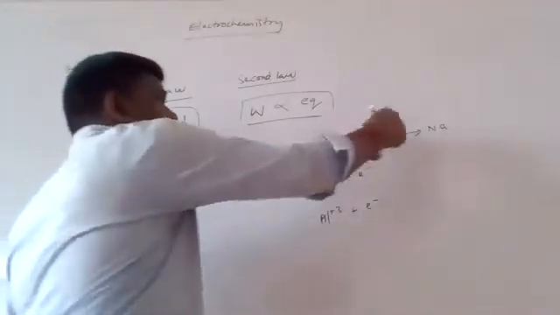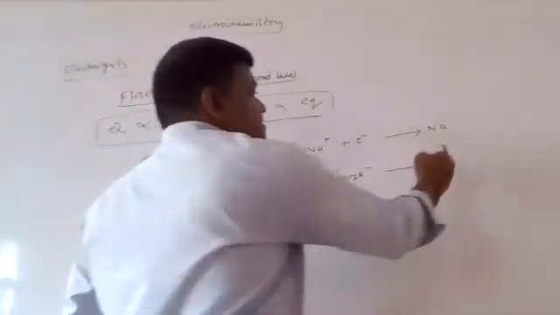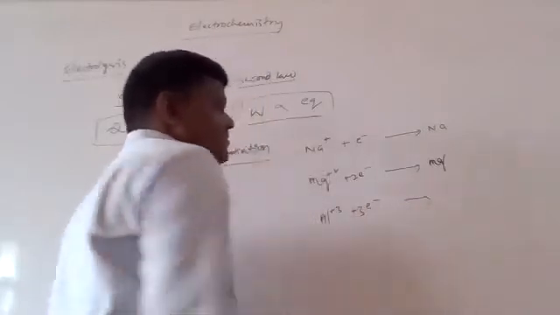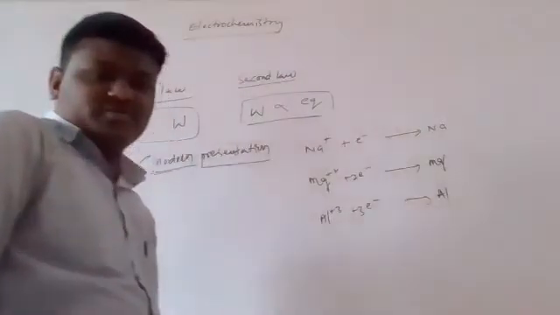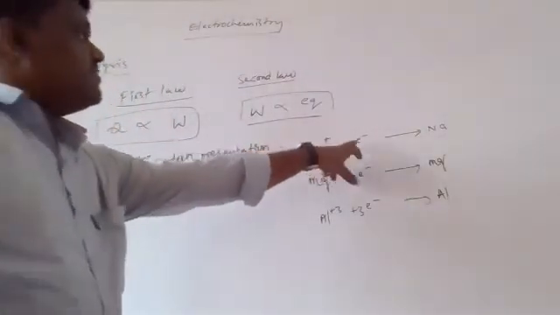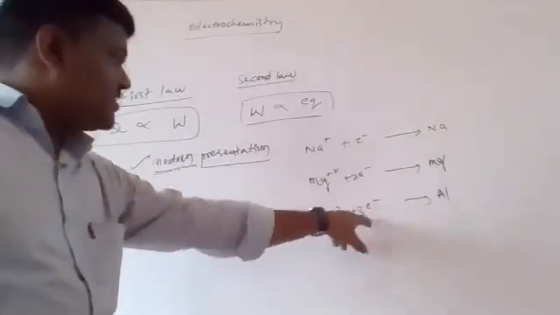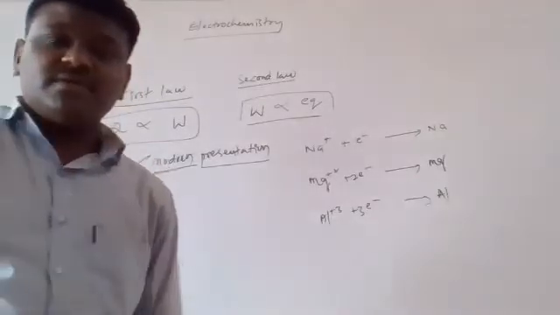For one mole of magnesium, two moles of electrons pass, and for one mole of aluminum, three moles of electrons pass and aluminum deposits on the cathode. One electron over one mole of sodium, two electrons over one mole of magnesium, three electrons over one mole of aluminum deposited on the cathode.